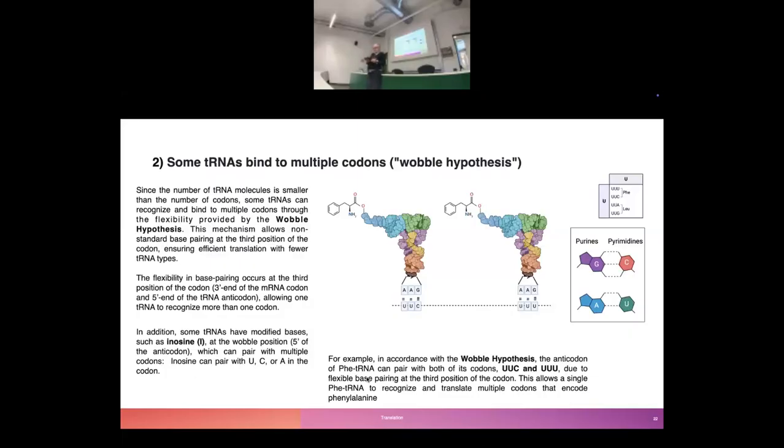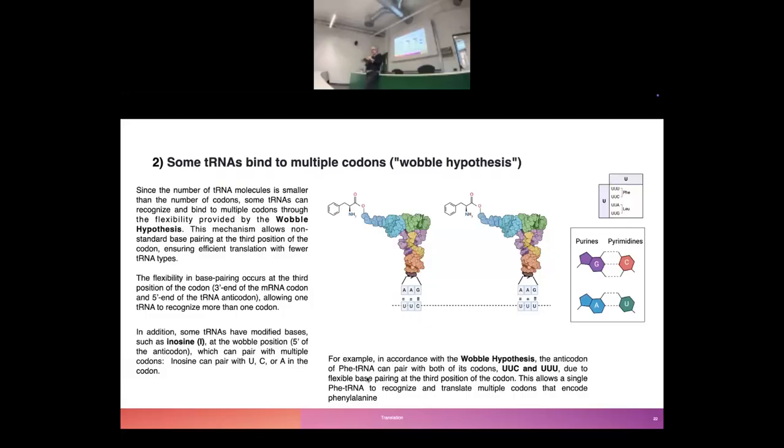So look at this situation. Here are two tRNA, okay? Here are the 2, 1, and 2, and they are bound to the same amino acid. This is the case, for example, with phenylalanine.